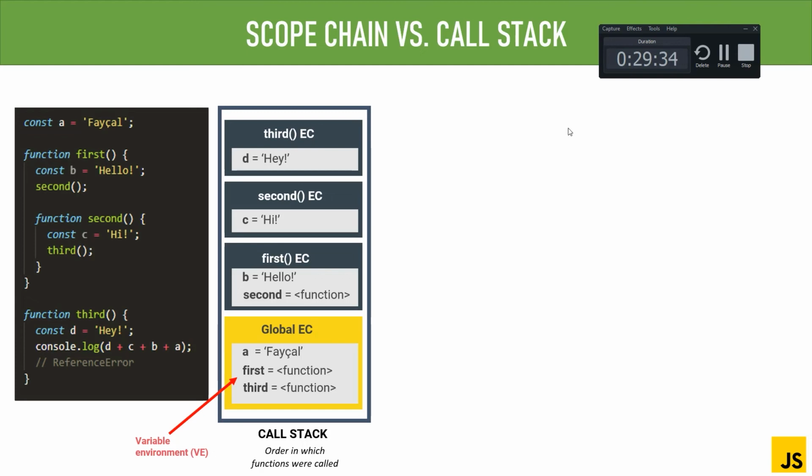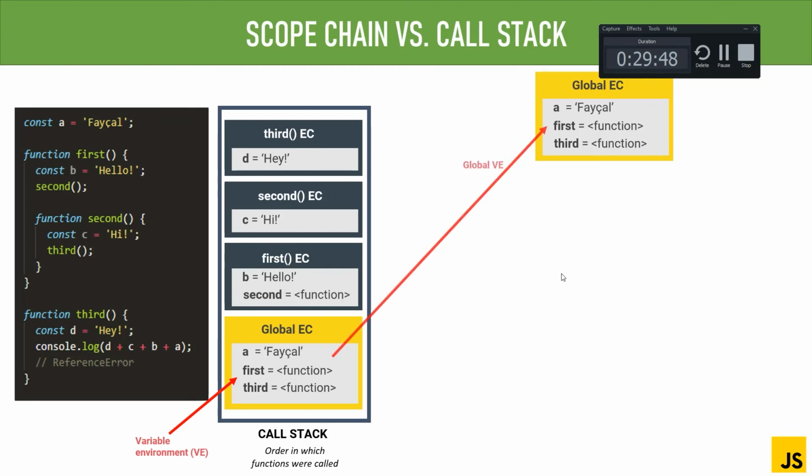As always, we are gonna start with the global scope. Okay? And the variable available in the global scope are exactly the ones stored in the variable environment of the global execution context. And given everything we have learned so far, that makes sense, right?